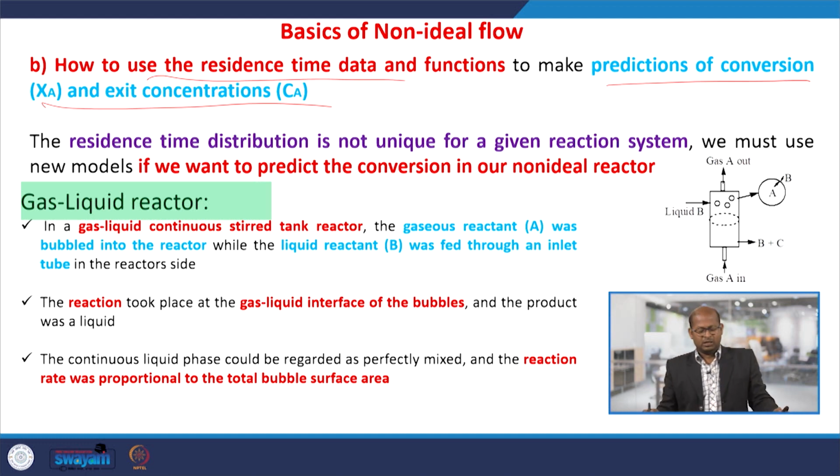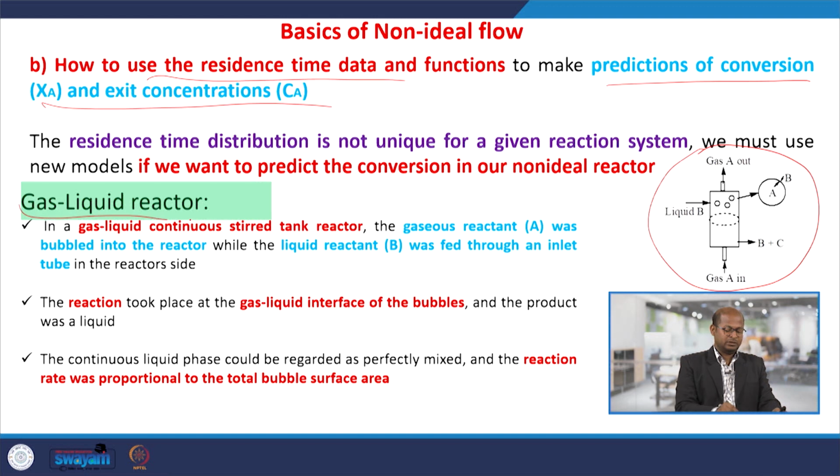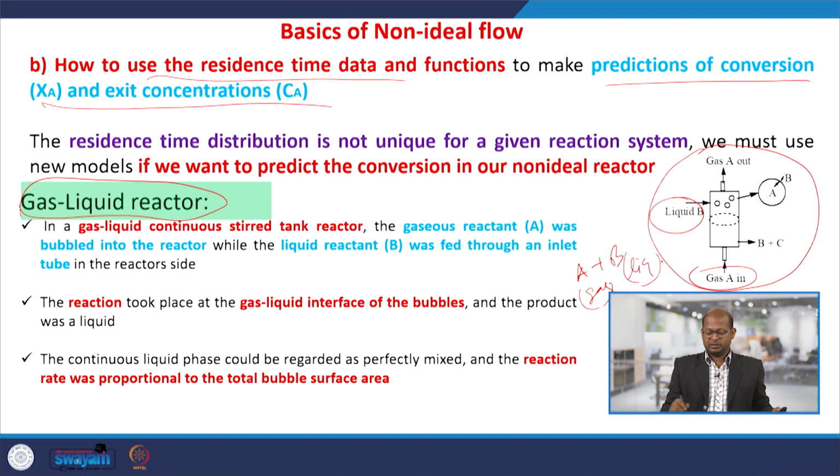So why is the residence time distribution required? To predict the conversions of a non-ideal reactor. That we basically discuss here, and then we go further. Okay, let us say a gas-liquid contactor is there, or slurry type reactors or other types of reactors. In that case two phases are there: A is the gas and B is the liquid. So these are the reactants.